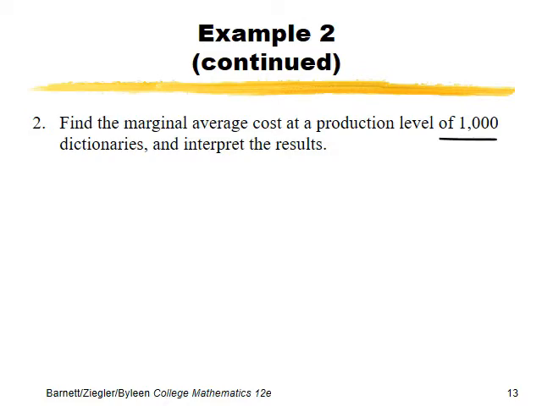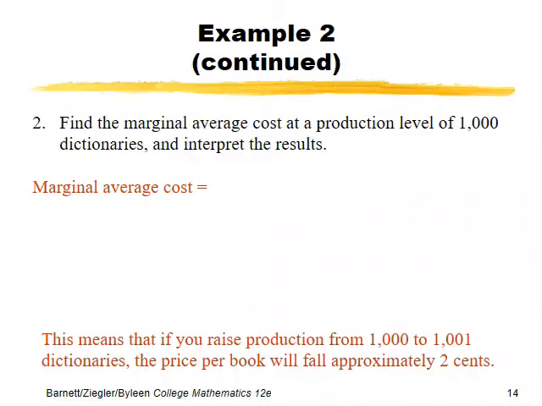So first of all, marginal average cost. First of all, we will get the average cost function. Marginal average cost is the derivative of the average function.